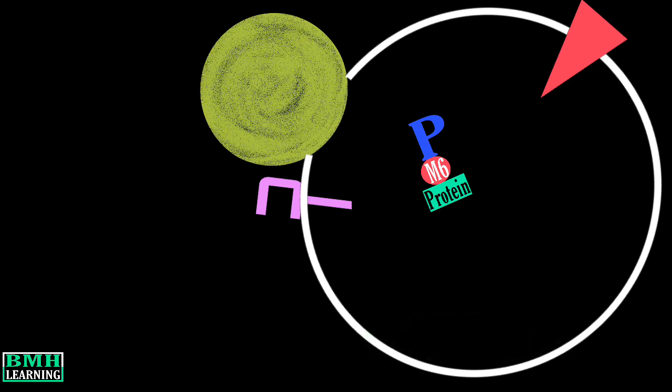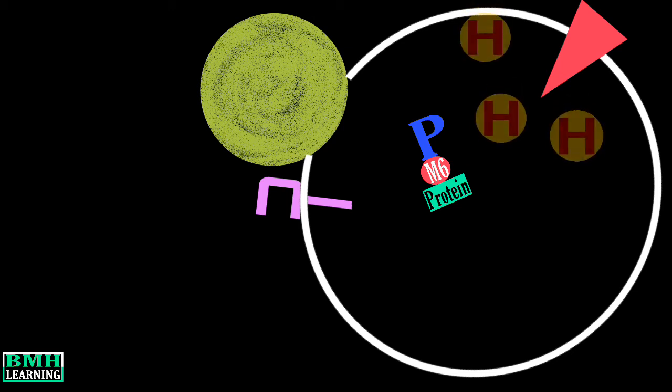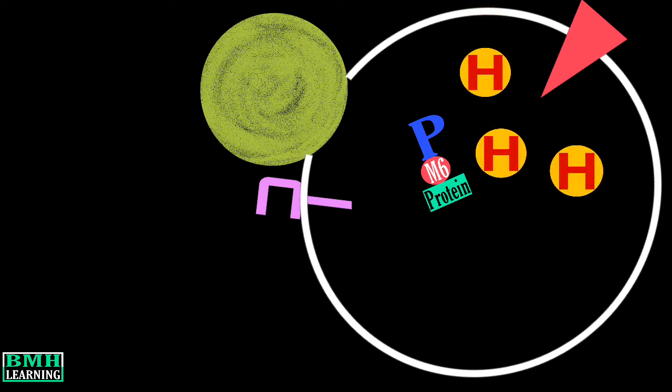This proton pump continuously pumps H positive ions into the endosome, thus resulting in a lowered pH of the endosome, and that's not suitable for receptor protein binding.